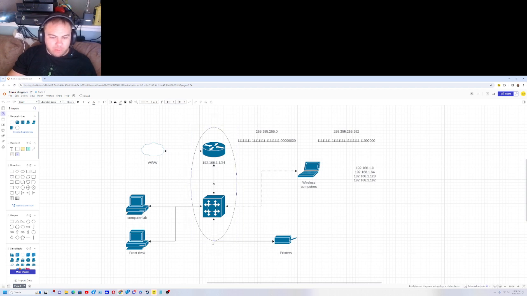So for that network, we have 192.168.1.0 to 192.168.1.63, and this has the subnet mask of, not that, it's subnet mask of 255.255.255.0.